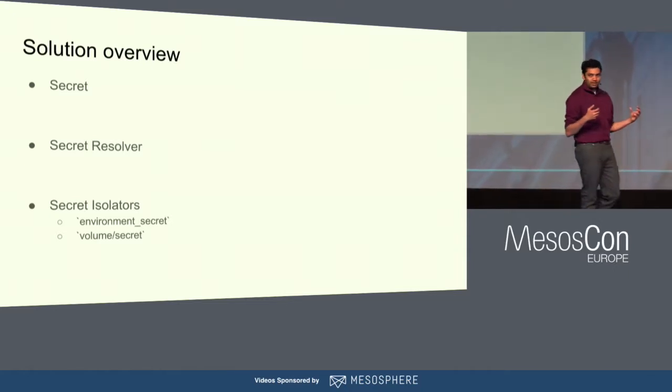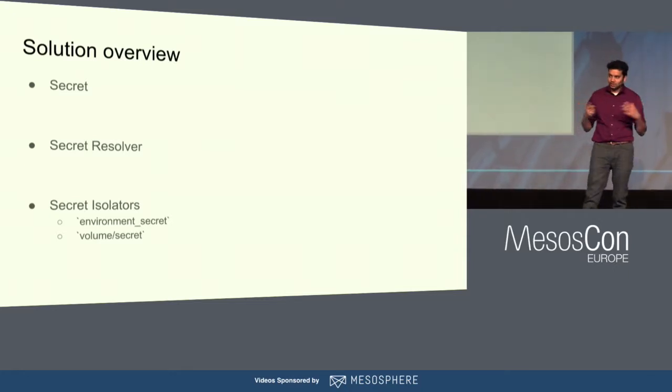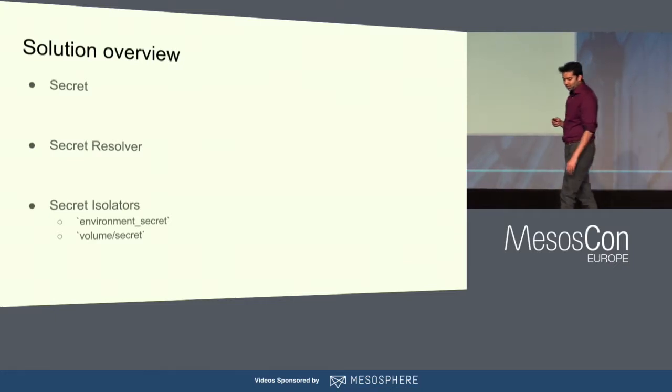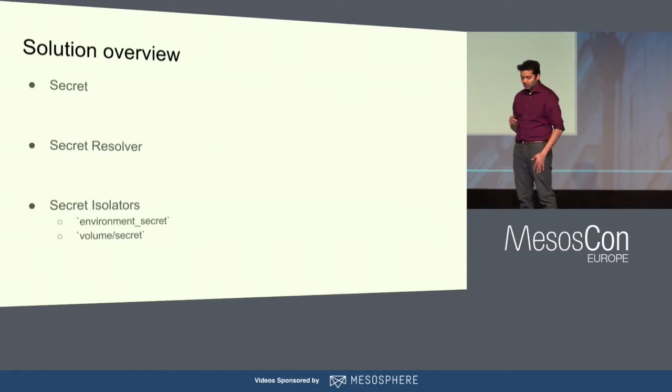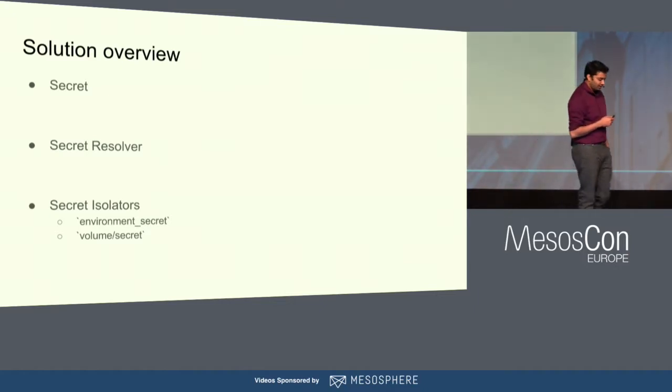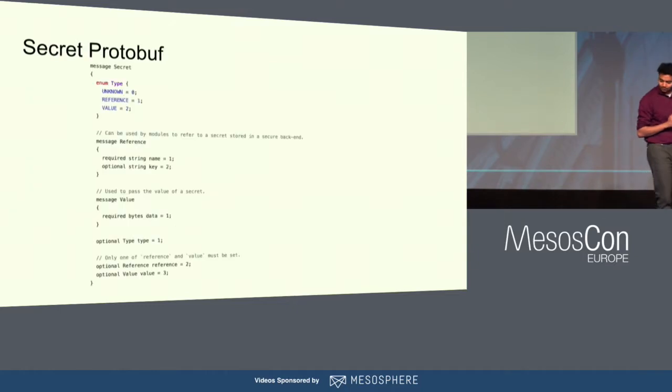This is the interface that is modularized so that you can hook into a lot of different third-party secret stores. And then we also introduced a couple of isolators, an environment isolator and a volume isolator. These are respectively for your environment-based secrets and file-based secrets.